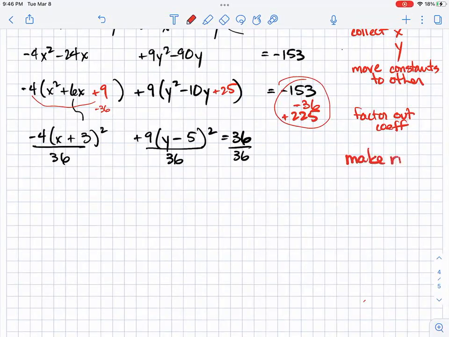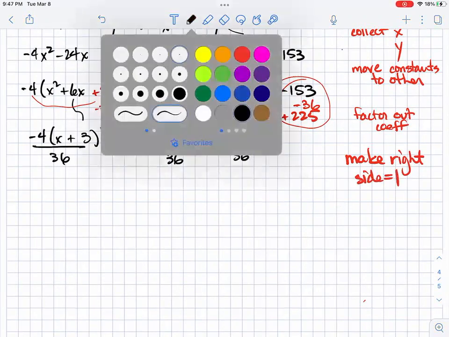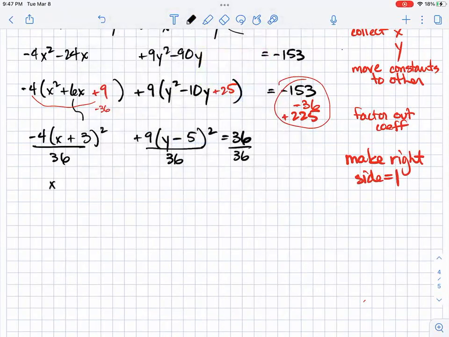So we're going to make that right side equal to 1.